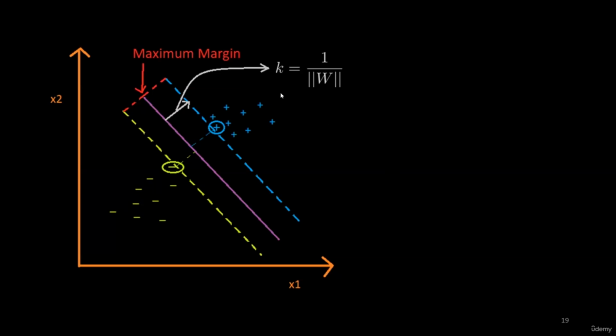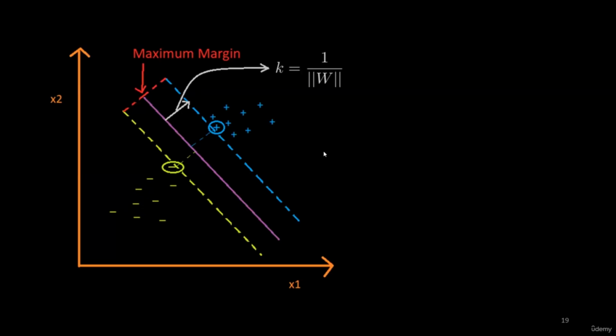So when K is large, it will be a good model, and it will also be a hard classifier. In that case, the maximum margin will also be greater, and this positive hyperplane will be at a large distance as compared to the decision boundary.